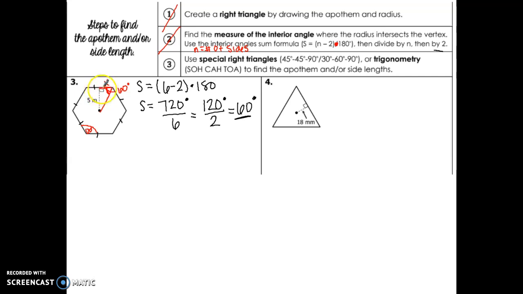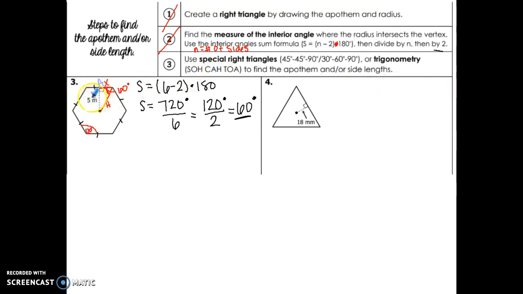First thing I'm going to do is label my triangle. Remember, we start out by labeling the hypotenuse, and that's always going to be across this 90-degree angle. So that is going to be my H right here. We are working with our 60-degree angle here, so the side opposite of it, that's going to be my O. And the side that is next to it, the side that is touching it, that's going to be my A. So here I have to take into consideration what I have been given.